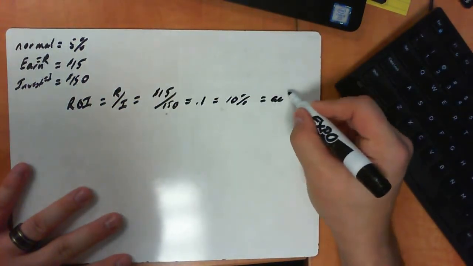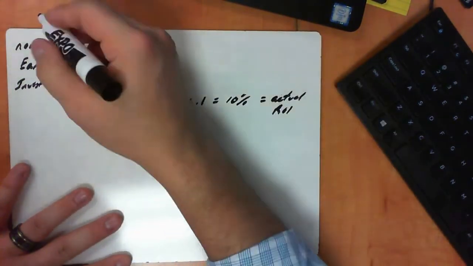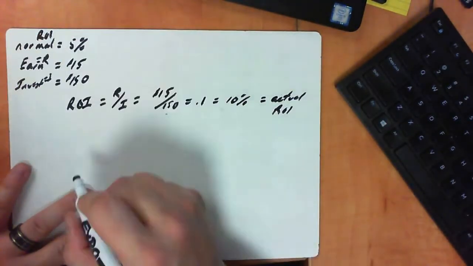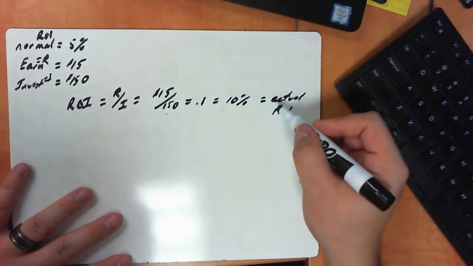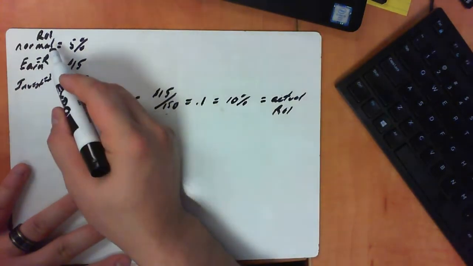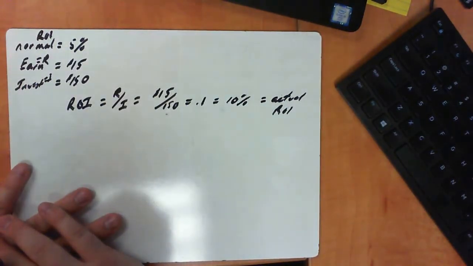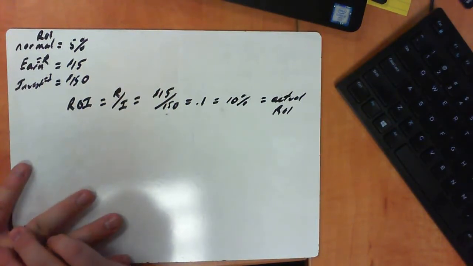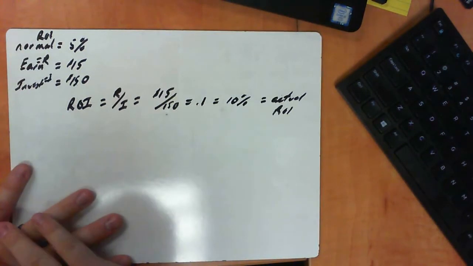This is the actual ROI, rate of return. This is the normal ROI. So what's the difference? Actual ROI is greater than normal ROI by 5%. So yes, the firm is earning an economic profit, and it's earning an economic profit of 5%.